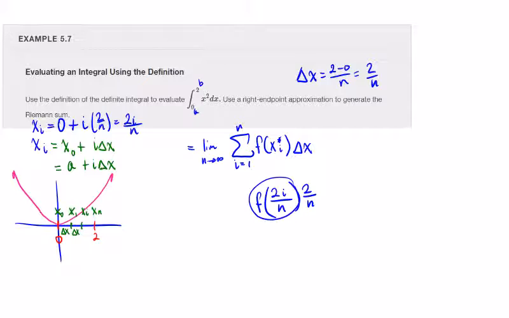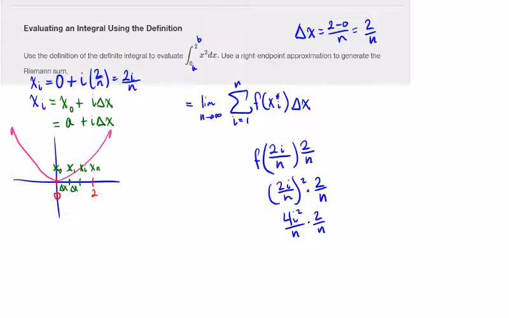All right, so f of 2I over n. If I put 2I over n in for x, remember this is the input into that function, and in this particular case our function is x squared, so it's going to be 2I over n, squared, times delta x, or dx, which is 2 over n, right there. And so if I simplify this, then it's going to be 4I squared over n squared times 2 over n.